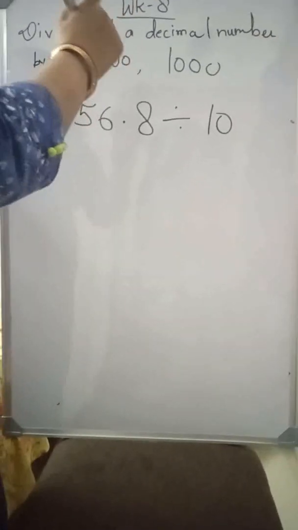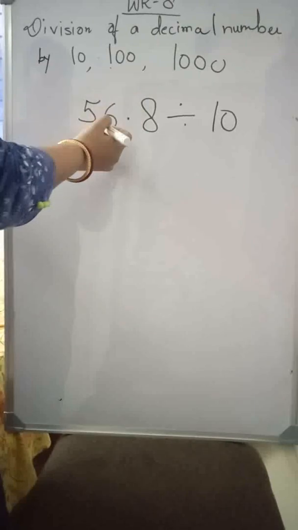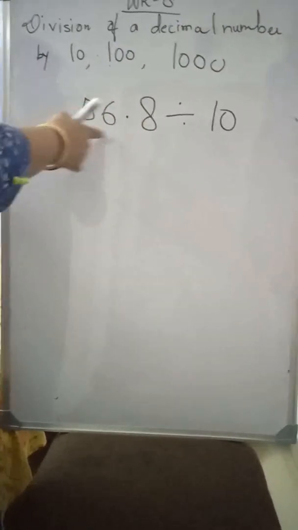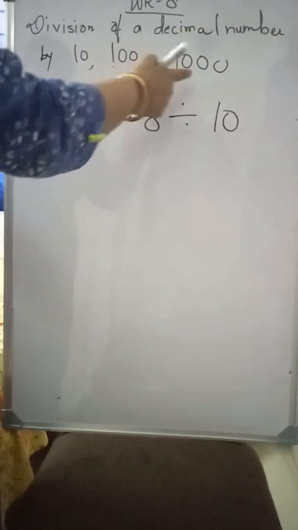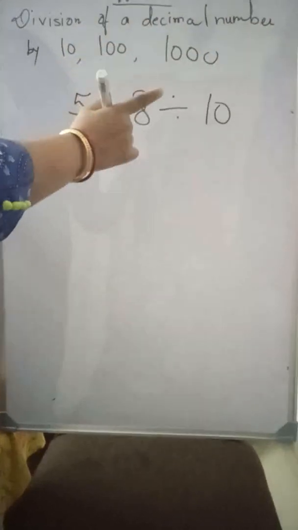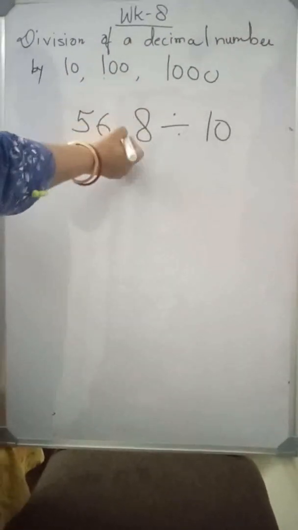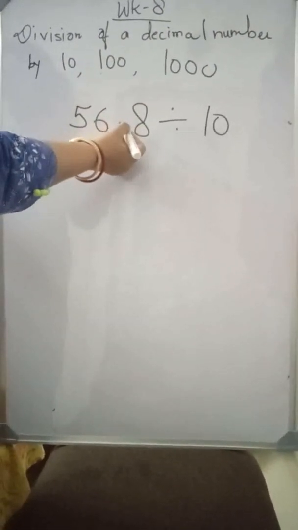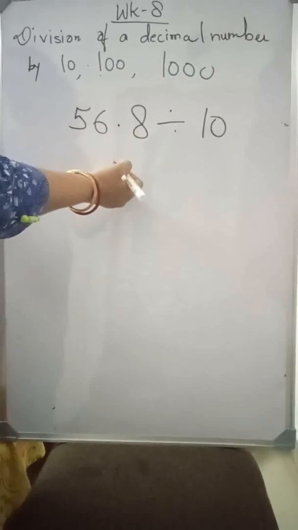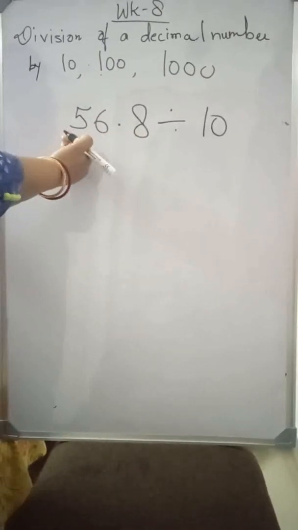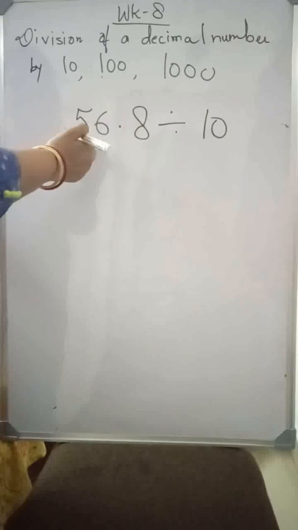So here always remember, in order to divide a decimal number by 10, 100, 1000, what we have to do? We just shift this decimal point in the quotient to the left side, right? Left side. This is the dividend.